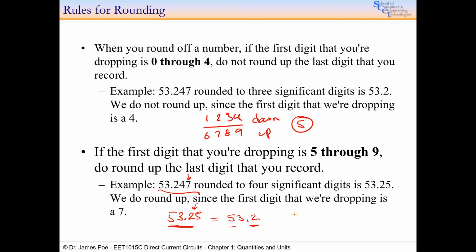If we had a number like, let's say, 53.35, in this case, I would round it to 53.4. And the reason is rounding up makes it an even number.